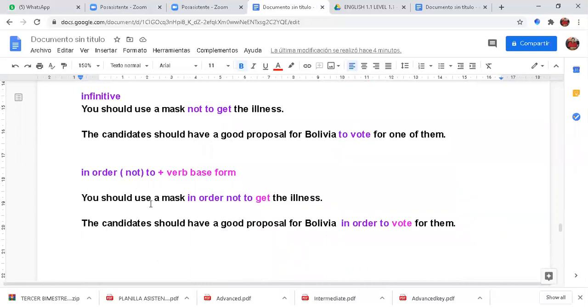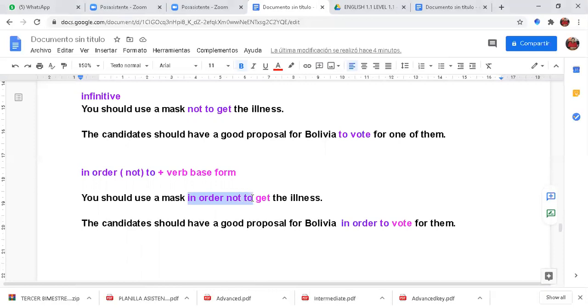You should use a mask in order not to get the illness. As you can notice here, if it's necessary, use not; if it's not necessary, don't use it.